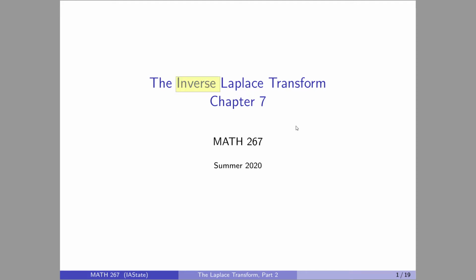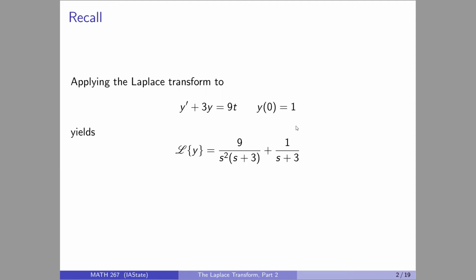Let's go backwards. Okay, so let's get up to speed. Let's remind ourselves where we ended last time. We introduced the Laplace transform, and we showed, amongst various other properties, that applying the Laplace transform to an initial value problem, such as this one right here, turns the initial value problem into an inverse Laplace problem.